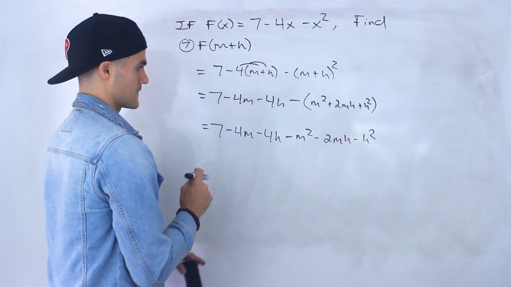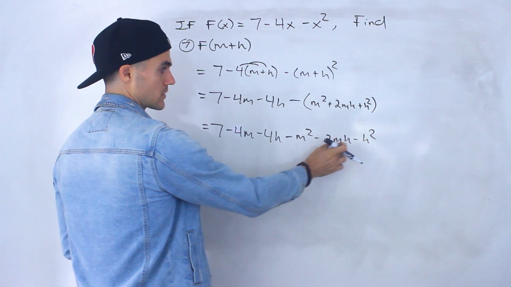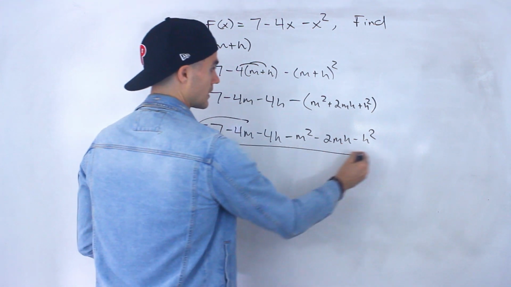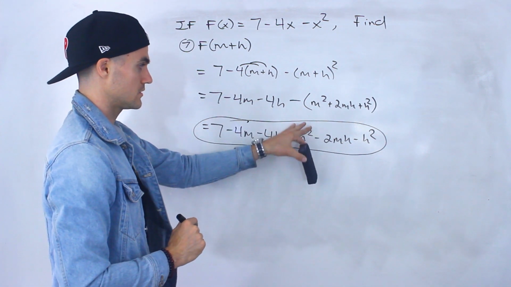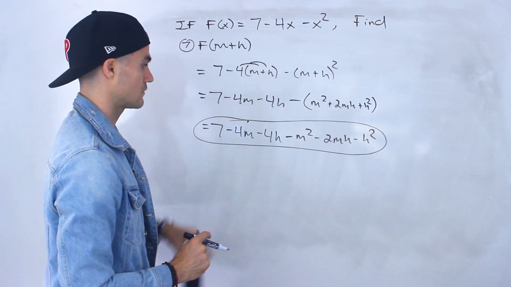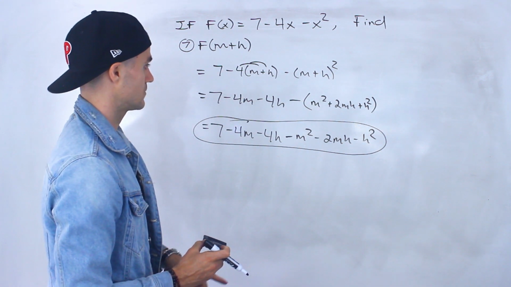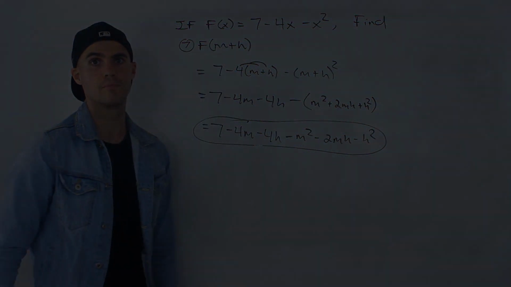There's no other m by itself, no other h by itself, no other m squared, no other mh, no other h squared. So this actually ends up being the final answer. You could rearrange it if you want, maybe put the higher exponents in the front, but I'm just going to keep it like this. So no like terms, so this ends up being the final answer for f of m plus h.